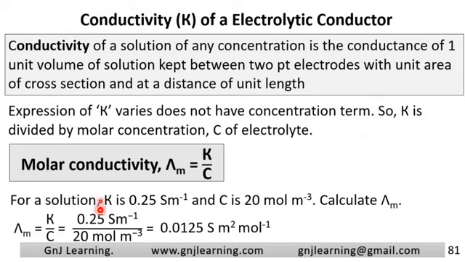What I am doing is conductivity divided by 20 mole. So I am dividing by 20. Why 20? Because it is the number of moles. When I divide by 20, I am getting a result.